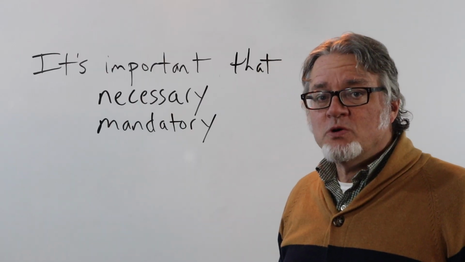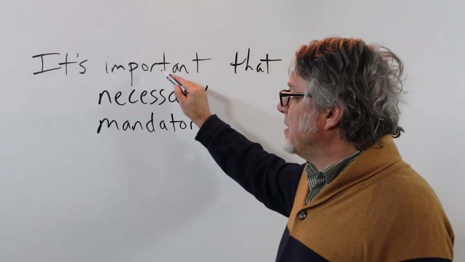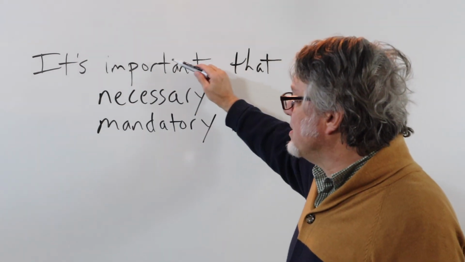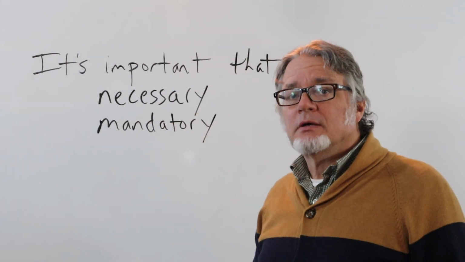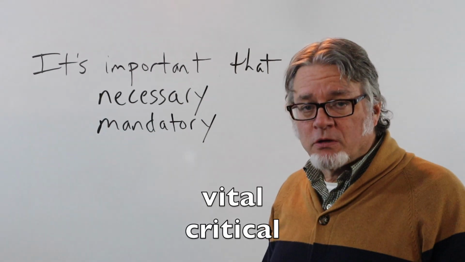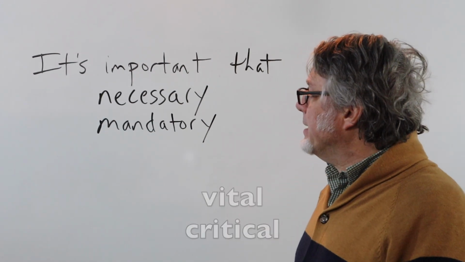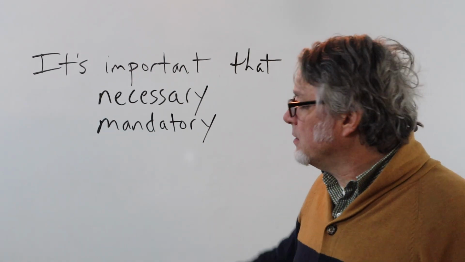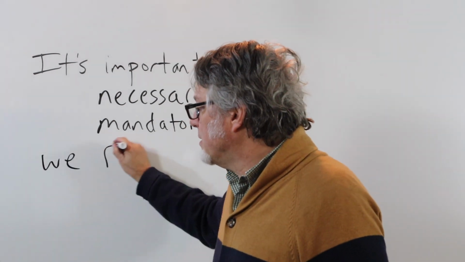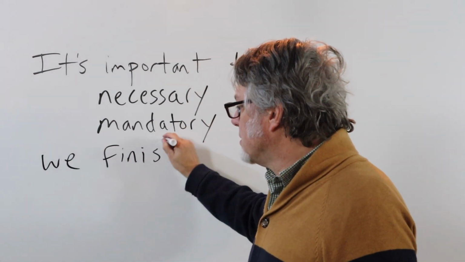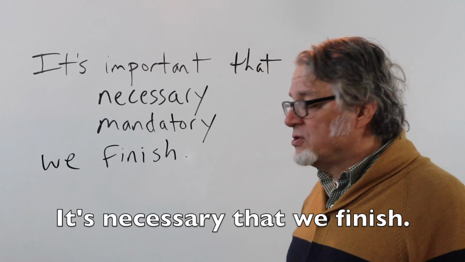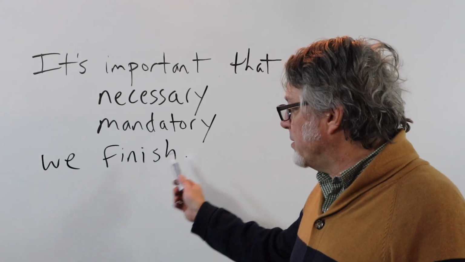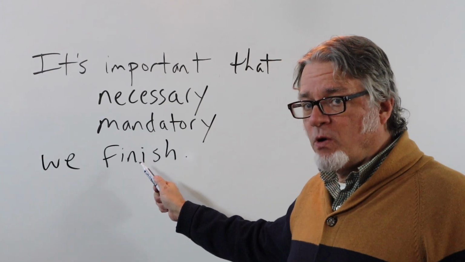The subjunctive mood is also used after adjectives, such as important, necessary, mandatory, vital, critical. It's important that we finish. It's necessary that we finish. It's mandatory that we finish. Here, the verb is in the simple form.